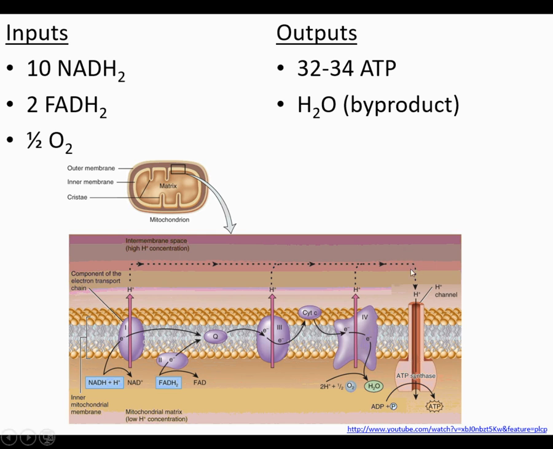As those hydrogens are pulled through it, it energizes it enough to take ADP and Pi and join them together to form ATP. And that's how it all happens. That's where the magic actually happens.